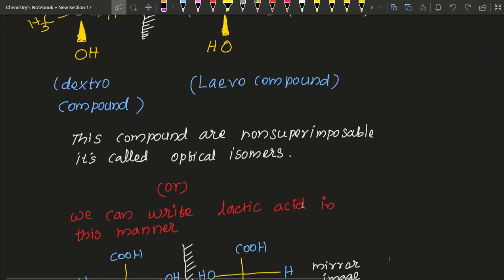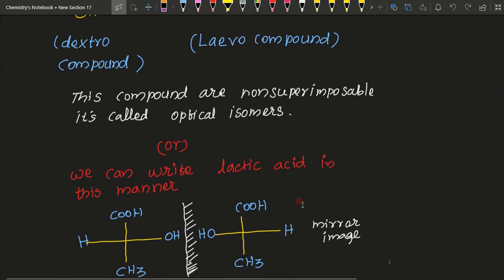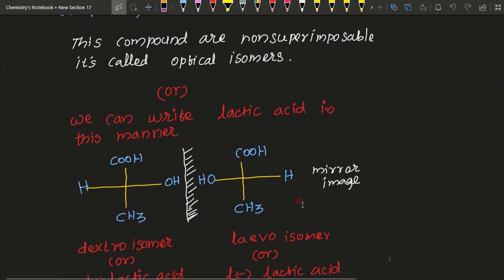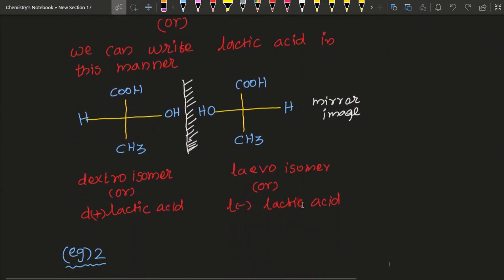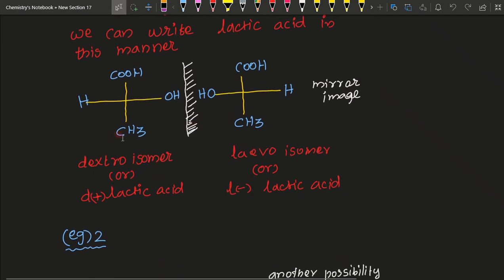We can write lactic acid in this manner: CH3, COOH, H on the left side, OH on the right side. But in the mirror image, OH is on the left side, H on the right side. The dextro isomer is the mirror image of the levo isomer: D plus lactic acid, L minus lactic acid.